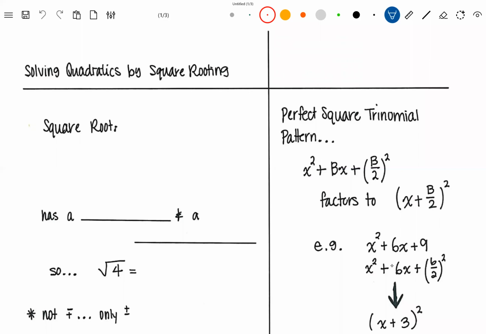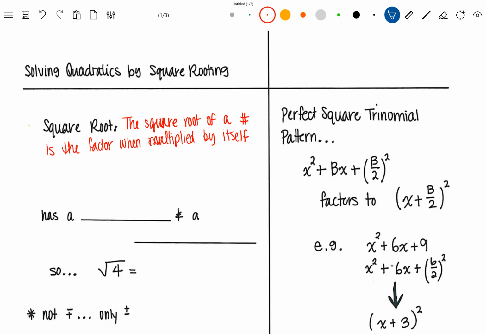Okay, so first of all, square root. The square root of a number is the factor when multiplied by itself gives the original number.